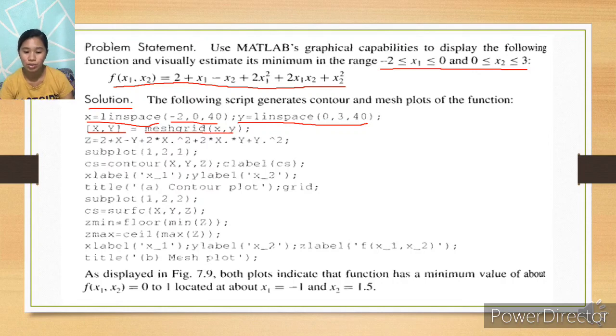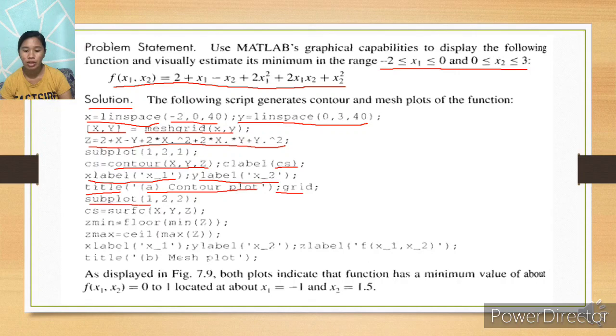So z equals 2 plus x minus y plus 2 times x squared plus 2 times x times y plus y squared. Then subplot 1, 2, 1. CS equals contour of x, y, z, and clabel of CS. The xlabel is x1 and the ylabel is x2. The title is (a) contour plot, then grid, and subplot 1, 2, 2.